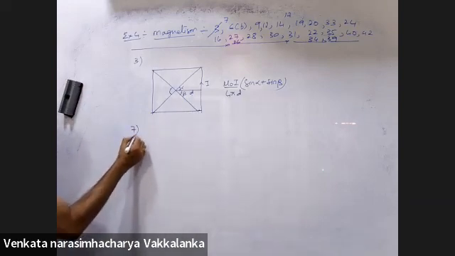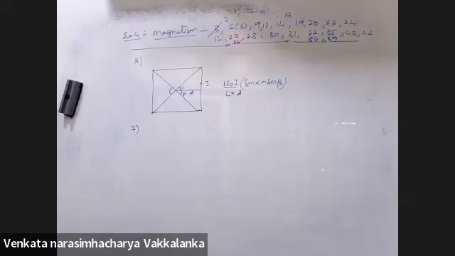Seven. A very long wire carrying a current of 5 amperes is bent at right angles.